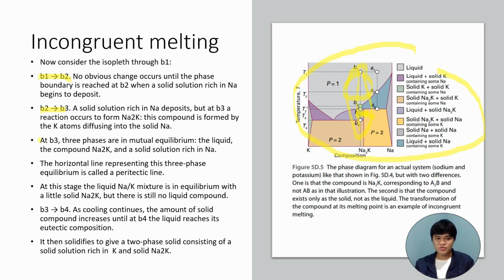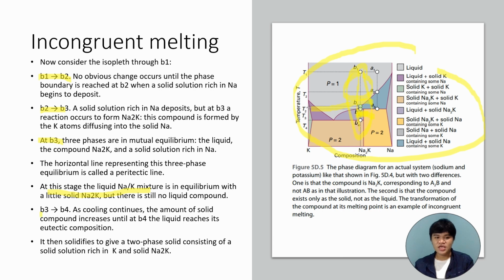At B3, when you zoom in on the diagram, it is displayed that the three phases are in mutual equilibrium, meaning there is a liquid, the compound Na2K, and a solid solution rich in Na. The horizontal line representing this three-phase equilibrium is called the peritectic line. At this stage, the liquid Na or potassium mixture is in equilibrium with a little solid Na2K, but there is still no liquid compound.